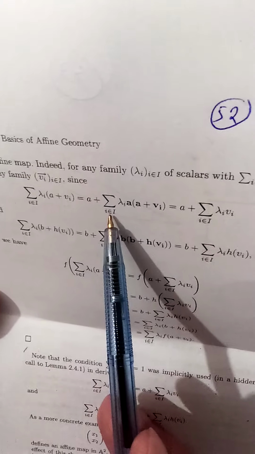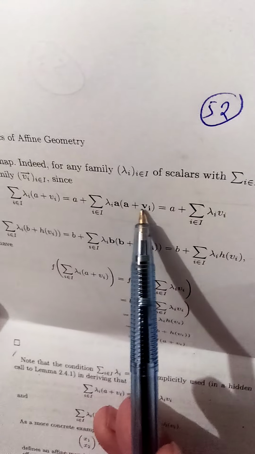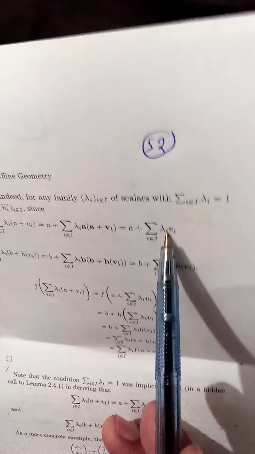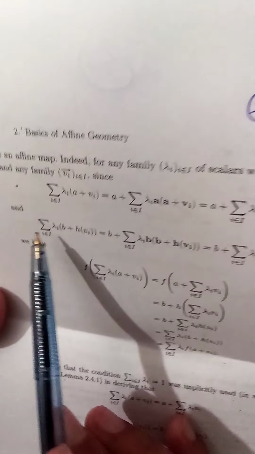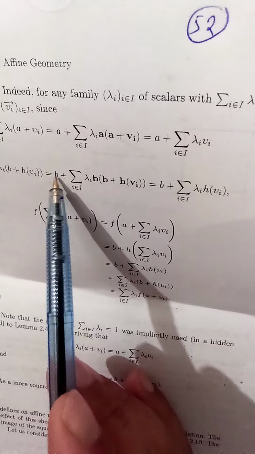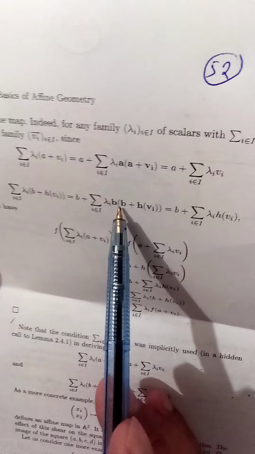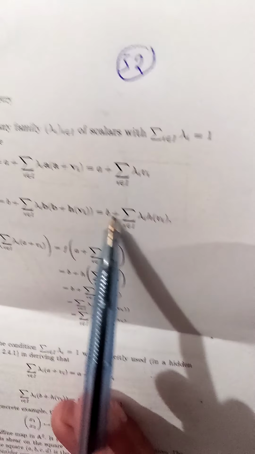Similarly, summation lambda_i (b plus h of v_i) is equal to b plus summation lambda_i h of v_i.